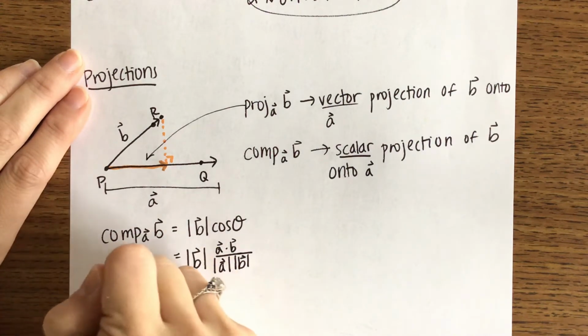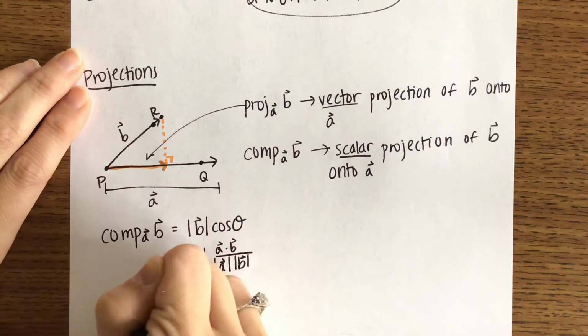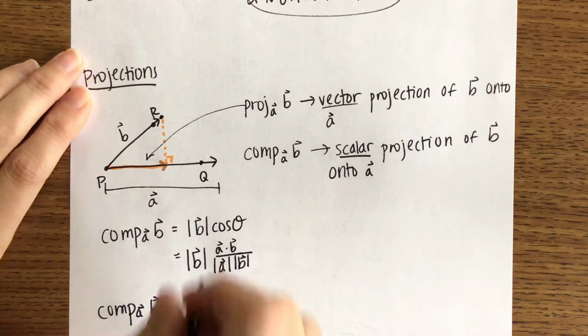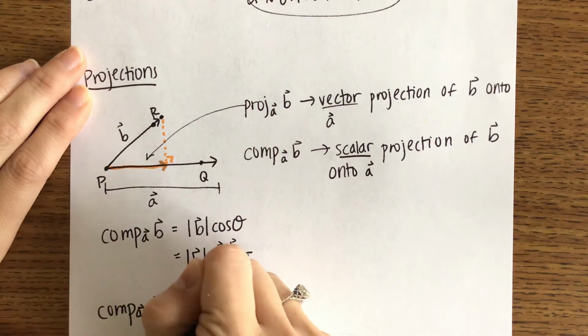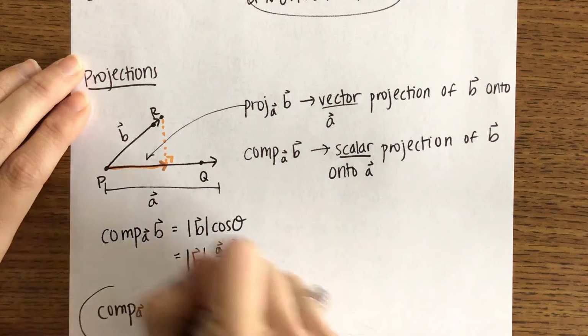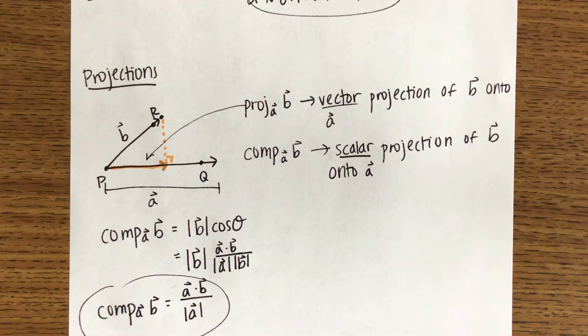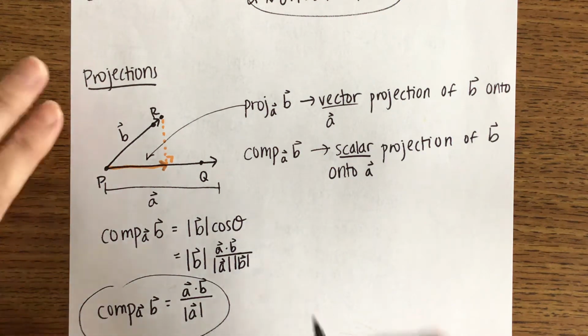So what that gives us is that the scalar projection is going to be a dot b over the magnitude of a. Okay, so as I said before, this is a magnitude, right? It's a single value. It's the size of the projection.